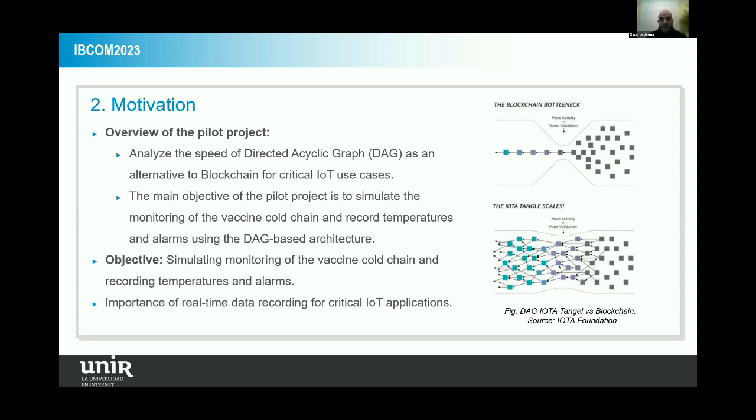Regarding their importance, real-time data recording holds significant importance for critical IoT applications, especially in scenarios like monitoring the vaccine cold chain. In such cases, the ability to capture and record data in real time is crucial for immediate response and intervention to prevent any potential risks in the monitored environment.